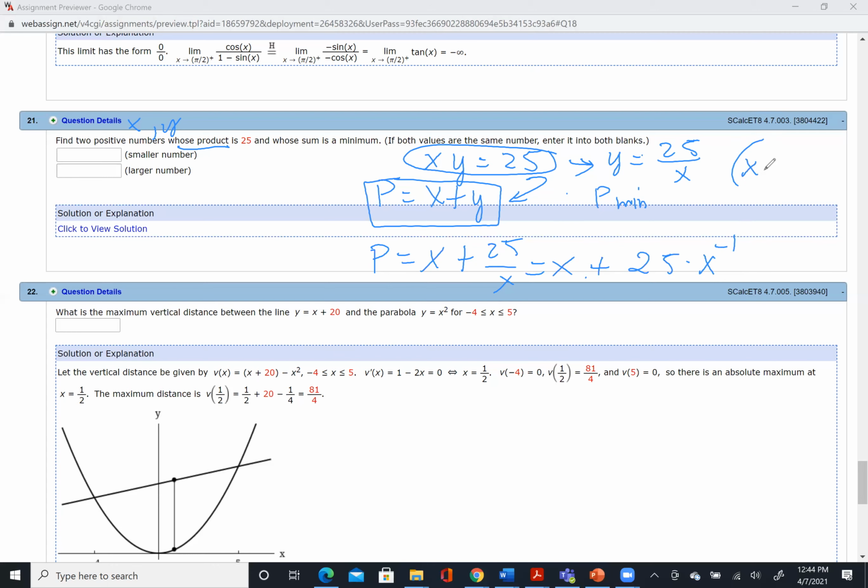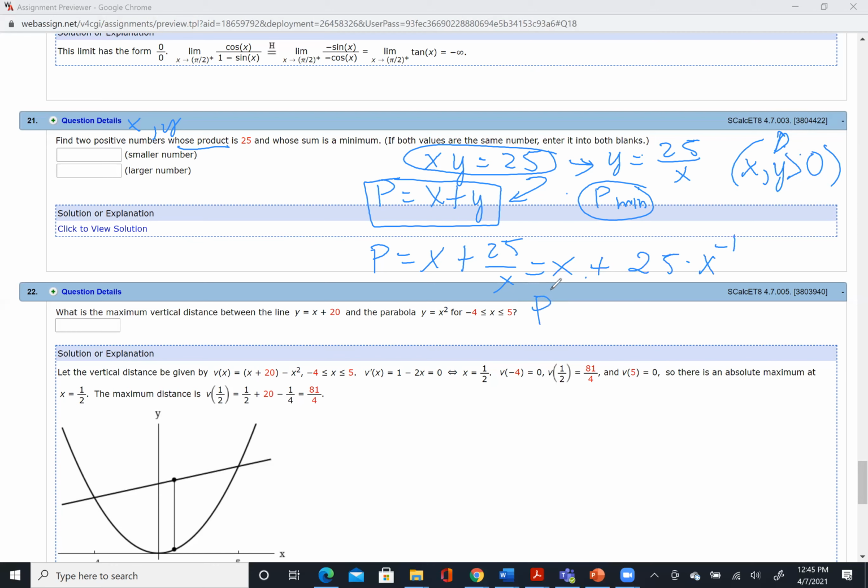So x and y are always greater than 0. So that is the domain of x and y. Because we try to find the minimum of p, we need to take the derivative of p. We need to find the critical numbers and then try to find the minimum.